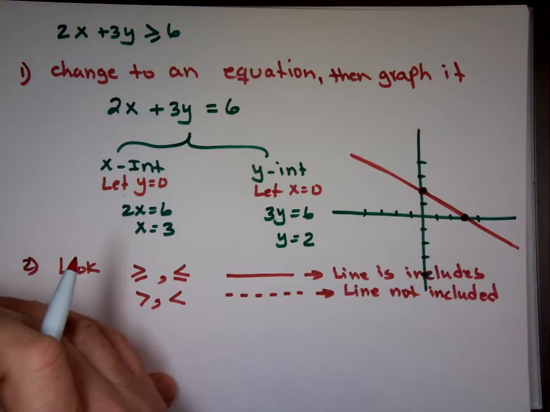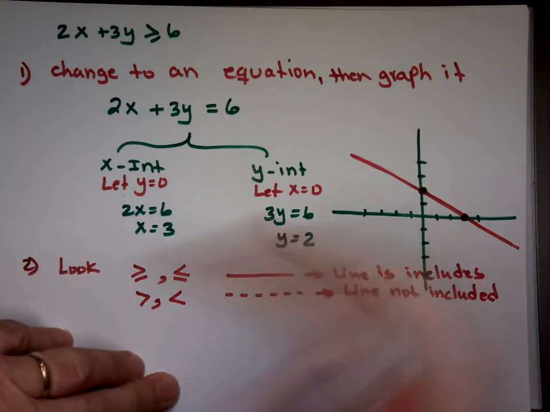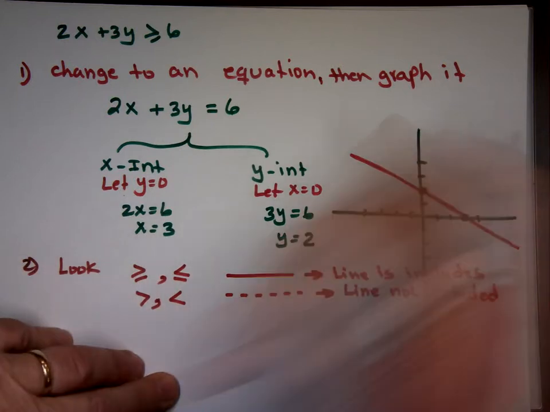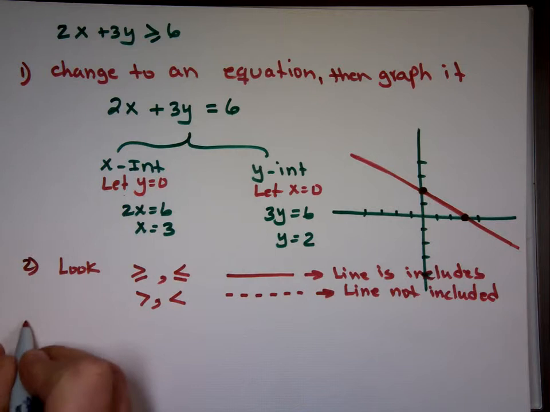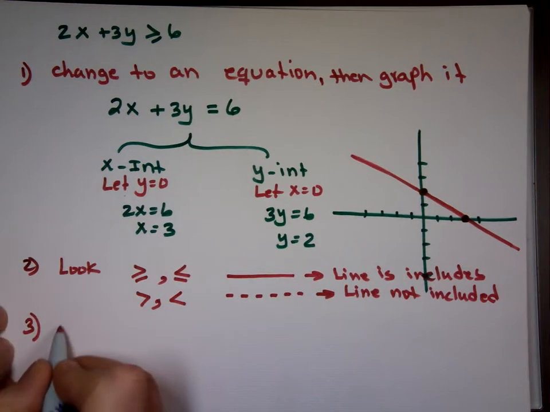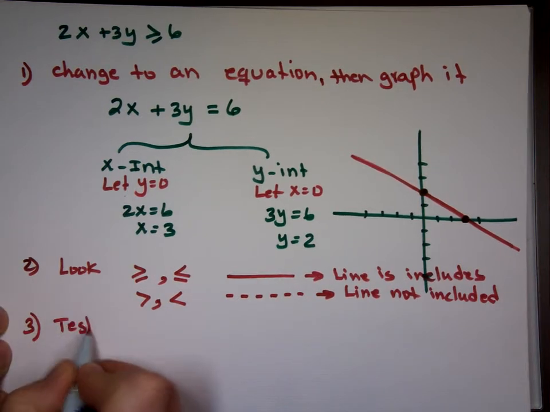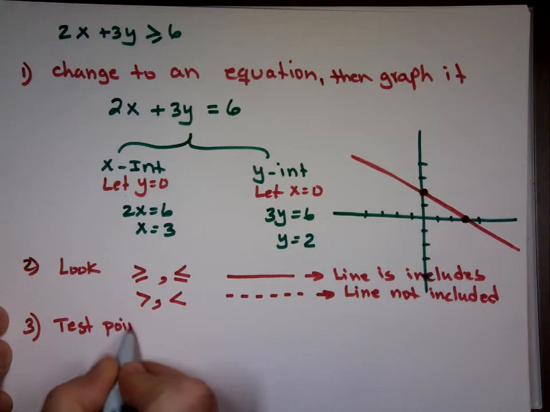Now, if you're a gambling kind of person, you can say, you know what, I'm going to gamble. I'm going to say above and see if it's correct, or below. But if you really want to get the right answer, we have step number 3. We take a test point. What's a test point?